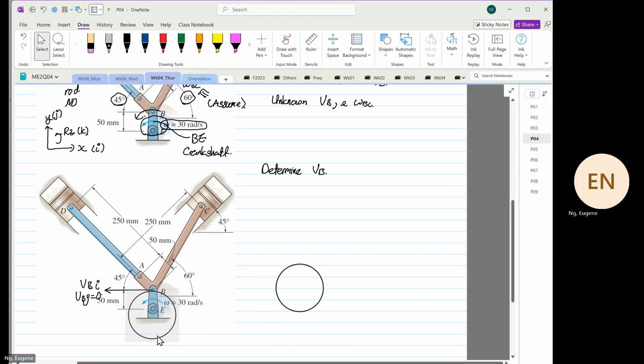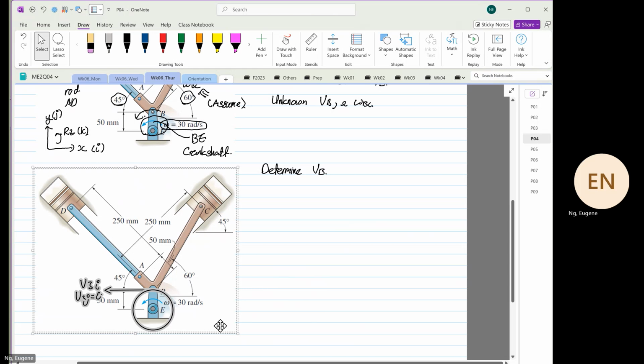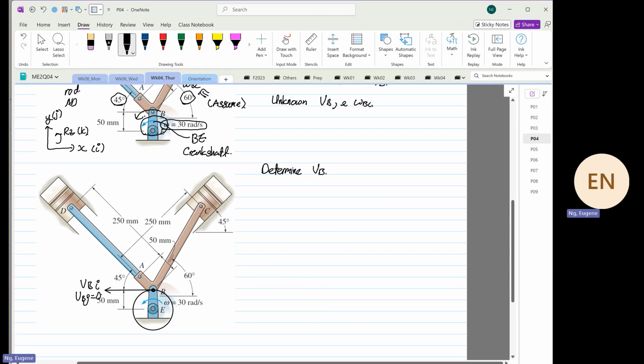If I put the circle over here, and we have point B exactly down here, point B only has one component on the velocity vector. Now, if point B is at this position over here, then we have both components I and J. Are we clear?